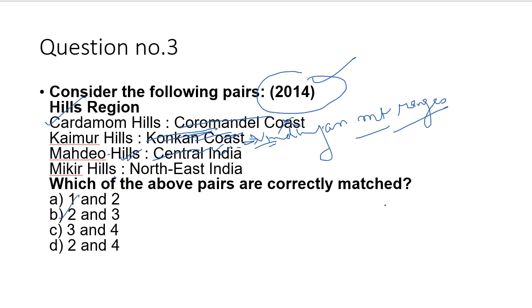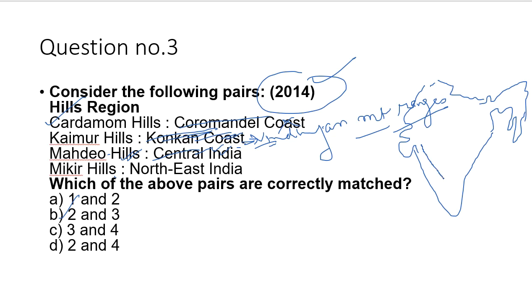So now let me show this on the map. This is a map of India. This is the Western Ghats.